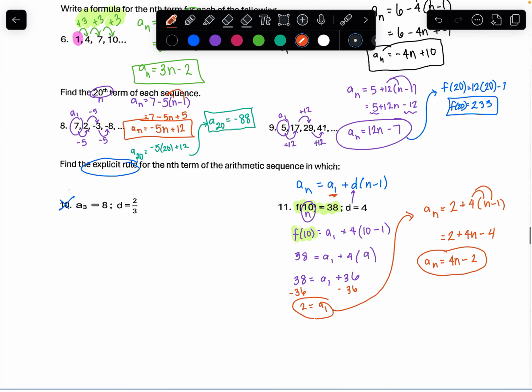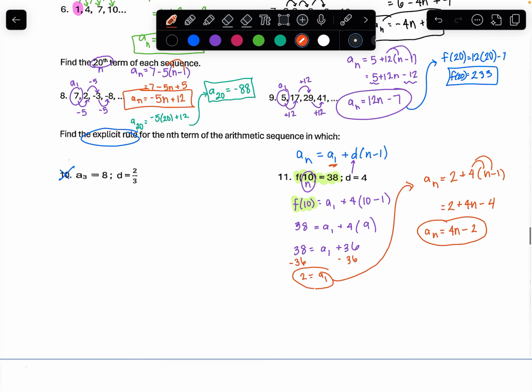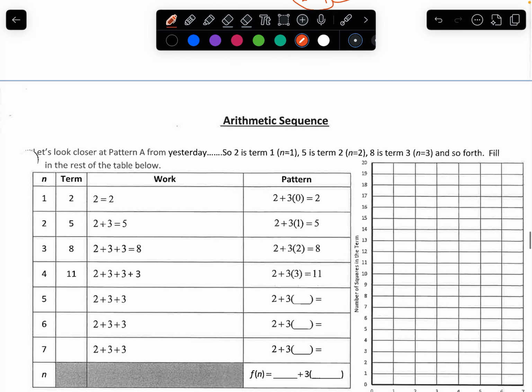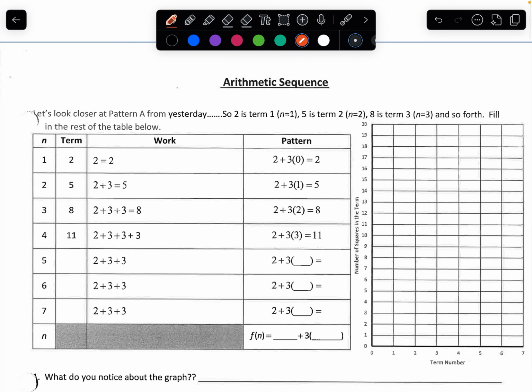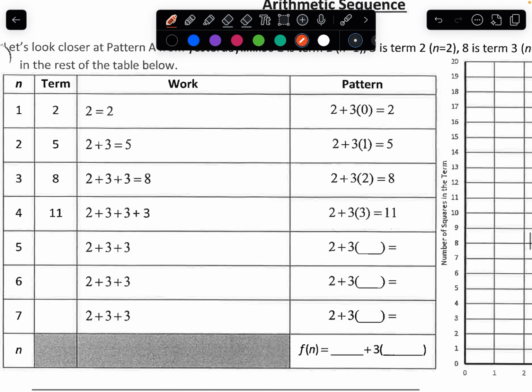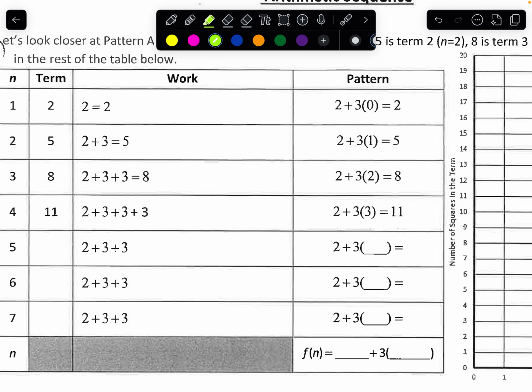Okay, we'll talk more about that in class, but let's look at the graph of it. This kind of shows why we have n minus 1. I'm going to use my highlighters right now to color code it. So we have our first term, which is 2, and we haven't added anything.